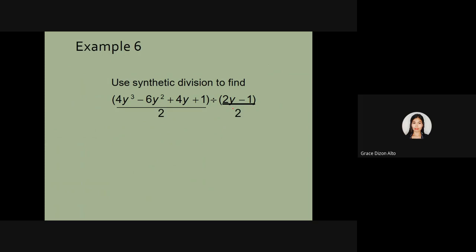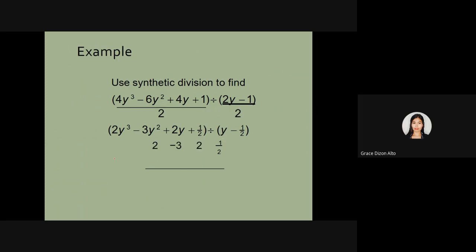So we will be dividing all the terms by 2 to simplify. So we get 2y cubed minus 3y squared plus 2y plus 1 half divided by y minus 1 half. Here you can see that the numerical coefficient of our y is now 1.